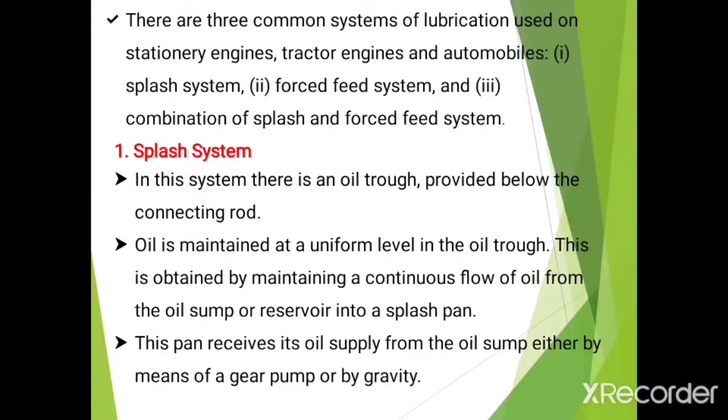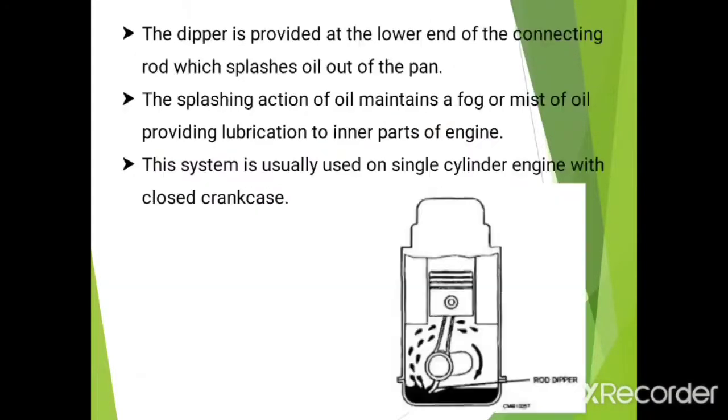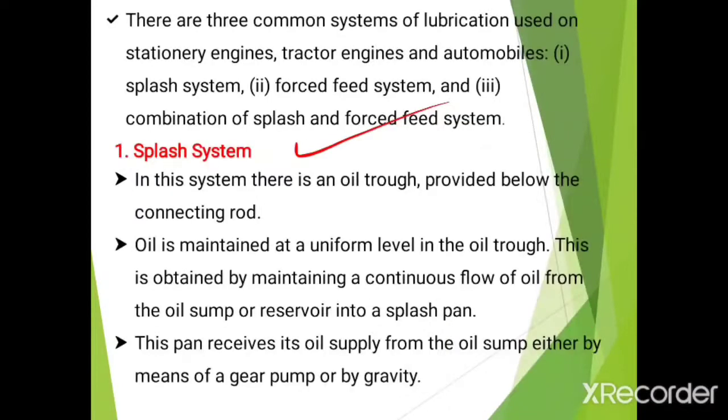So the first one is the splash system. In this system there is an oil trough provided below the connecting rod. Oil is maintained at a uniform level in the oil trough, and this is obtained by maintaining a continuous flow of oil from the oil sump or reservoir into a splash pan.